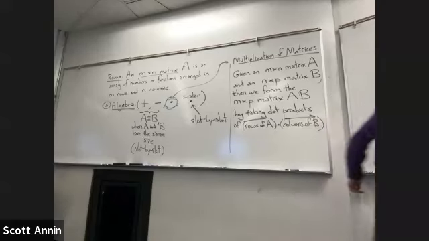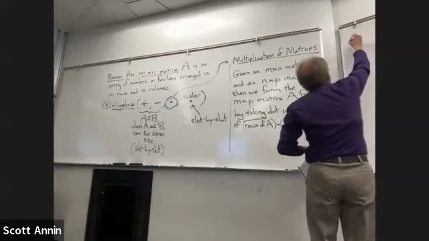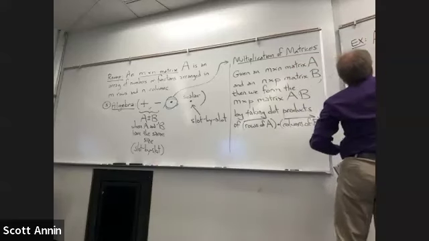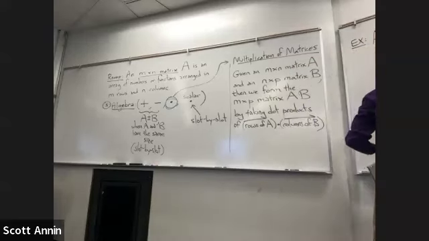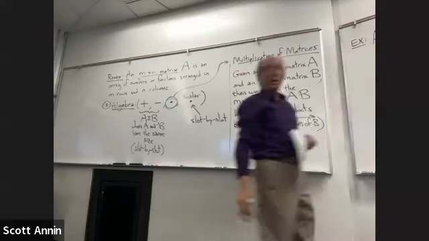Let's do an example of this one. Make sure everybody's kind of with me on it. All right, let's do a quick example. I'm going to take A to be 1, 2, 3 on the first row, and then 4, 5, and 6 on the second row.